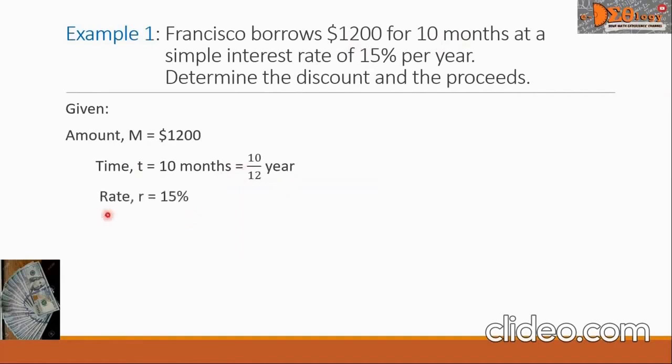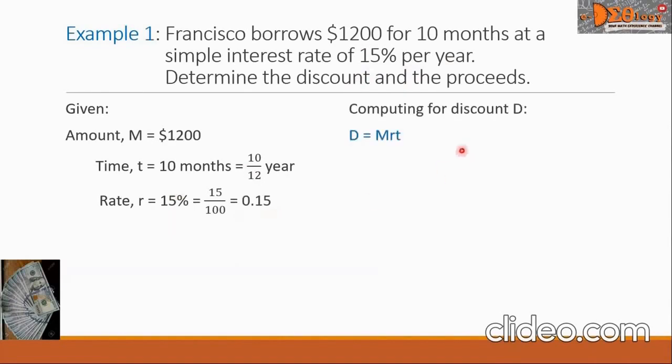Next is the rate denoted by R, and that is 15% per year. Let us convert this 15% into decimal. Let us put 15 over 100, dropping that percent sign, and the quotient of 15 over 100 is 0.15. So 15% equals 0.15 in decimal.